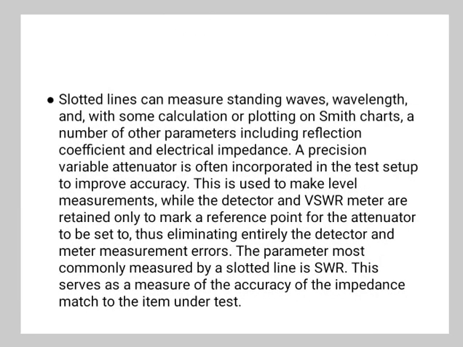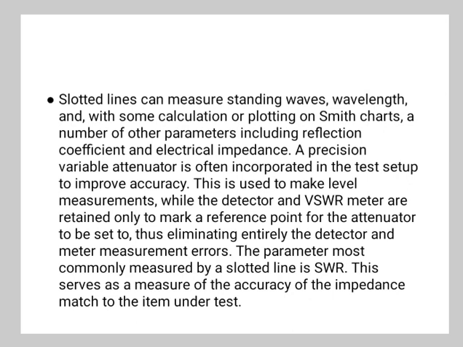Slotted lines can measure standing waves and wavelength, and with some calculation or plotting on the Smith chart, a number of other parameters including the reflection coefficient and electrical impedance. A precision variable attenuator is often incorporated in the test setup to improve accuracy.